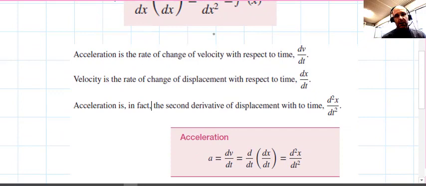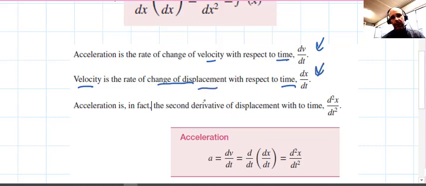We also have seen in the past the following. Acceleration is the rate of change of velocity with regard to time. You can write that as dv dt. Velocity is the rate of change of displacement with regard to time, dx dt.